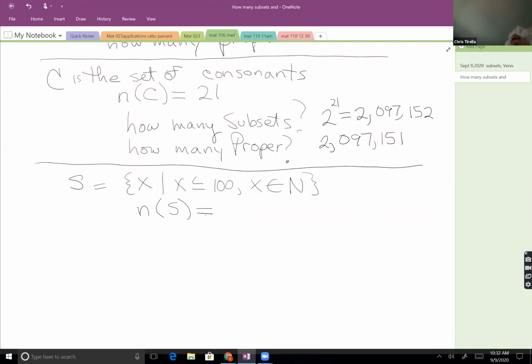How many natural numbers are there less than or equal to 100? If we're including 100, it's 100. So the number of subsets would be 2 to the 100th power.